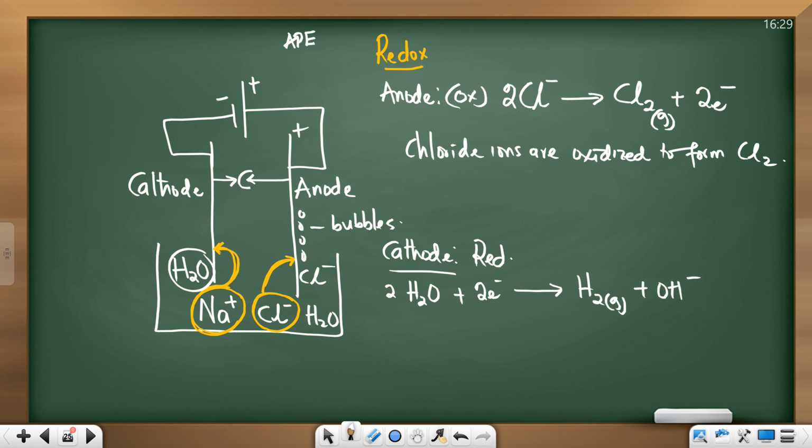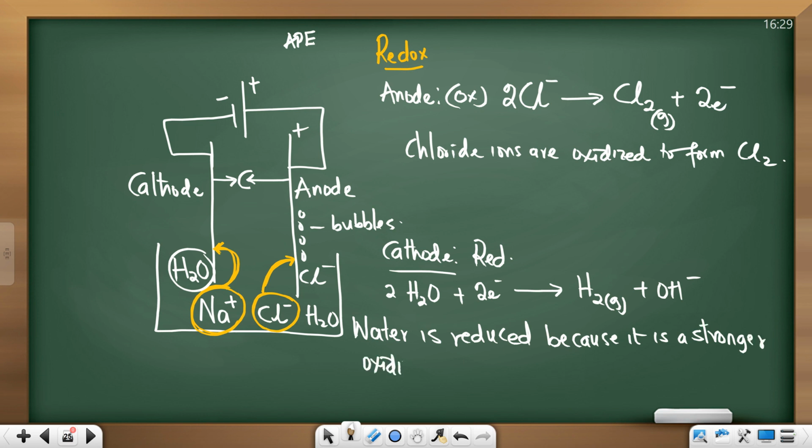The question is, why is it reduced? This is a common question, and it will be there in your next paper. Water is reduced because it is a strong oxidizing agent. Not sodium, sodium ions. It is a stronger oxidizing agent than sodium ions.